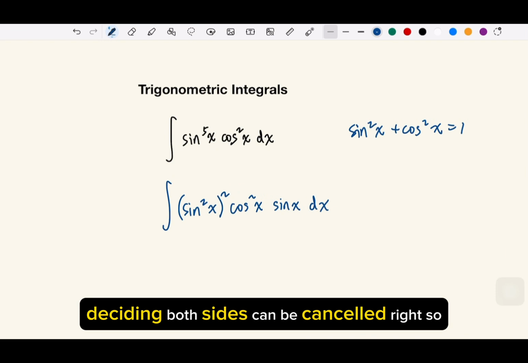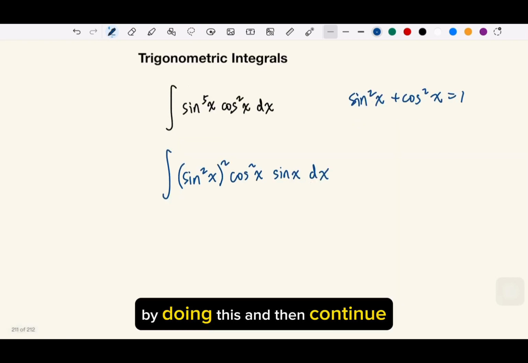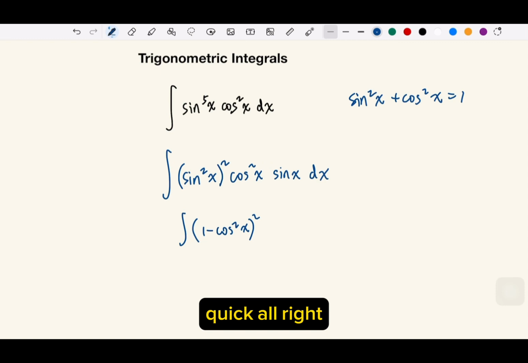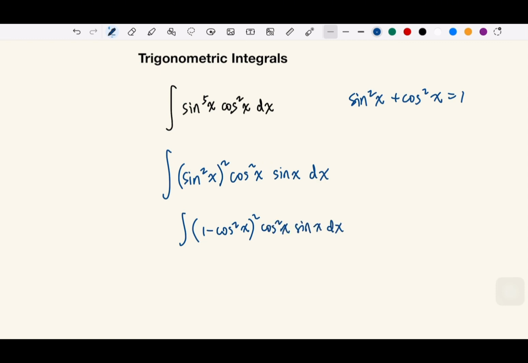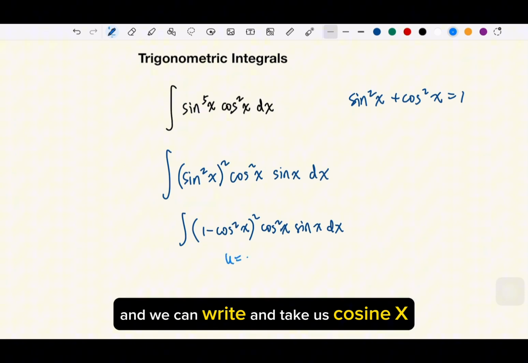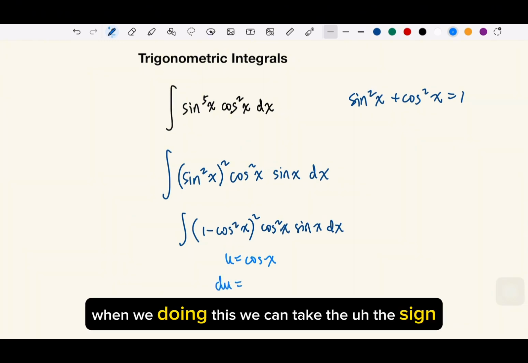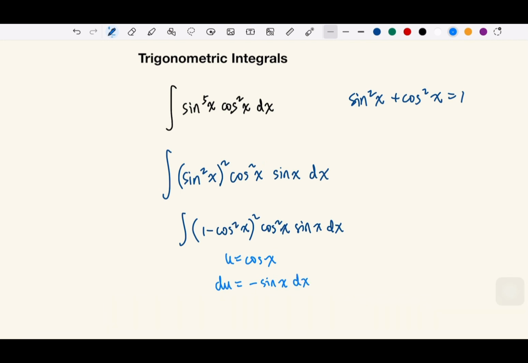So we can write this as 1 minus cosine squared, and the rest is still the same. And we take u as cosine x. When we do this, the sine can be cancelled.